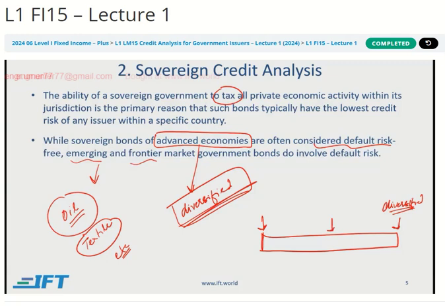And then somewhere in the middle, we have these good economies, but they are focused on or concentrated in one particular type of activity. So the risk obviously is going to increase as we go towards the left and almost becomes zero as we go towards the right.